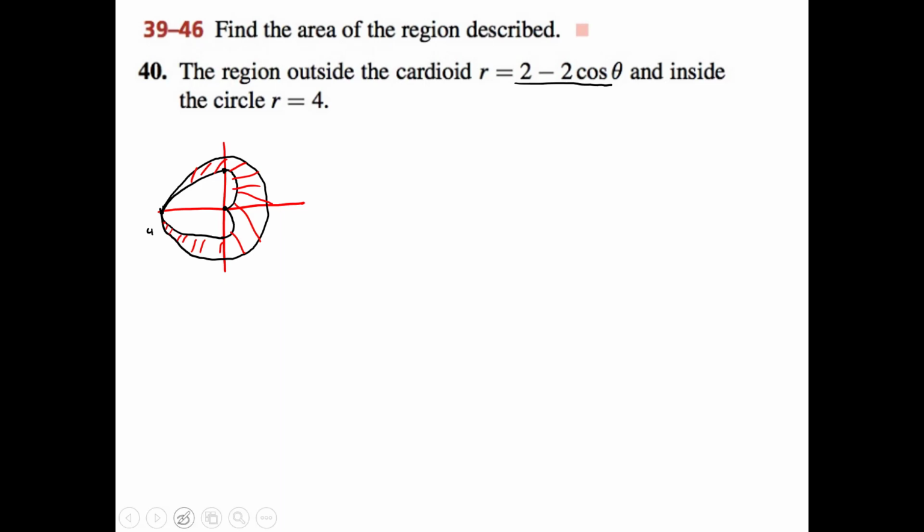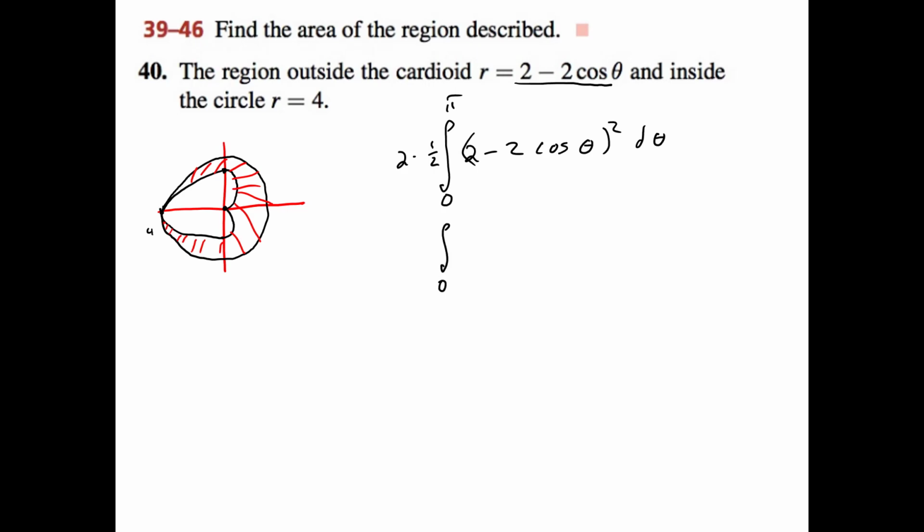So we can find the area of the top half using the formula 1/2 integral, and to sweep out the top half, we saw that we would go from 0 to pi, of 2 minus 2 cosine theta squared d theta. Okay, but that's just the area of the top half. So then we'd have to double it. And so then that 1/2 goes away.